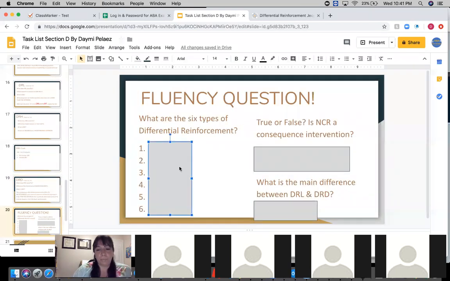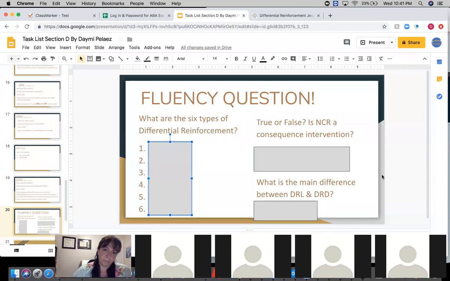I think some of the reasons why DRD isn't discussed as much on the task list is because it does sometimes lead to a zero rate of behavior, and I guess we're not supposed to completely eliminate all behaviors.